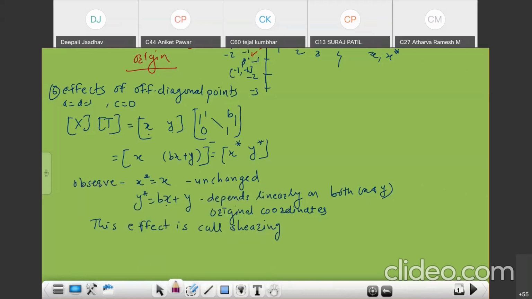Remember this word. Here it is proportional to the X coordinate.